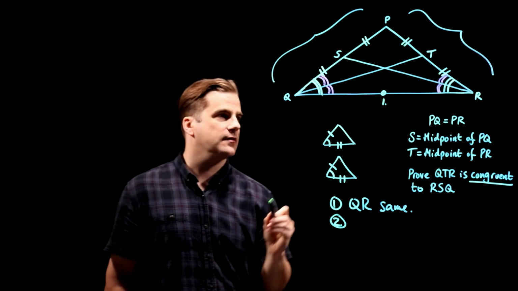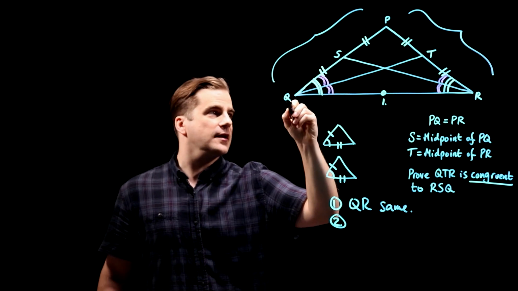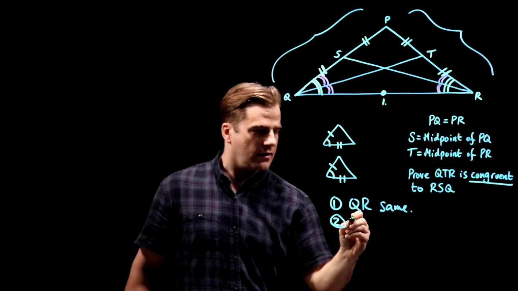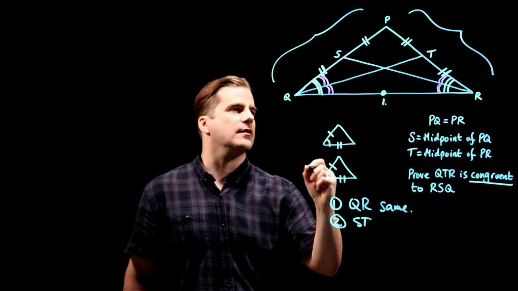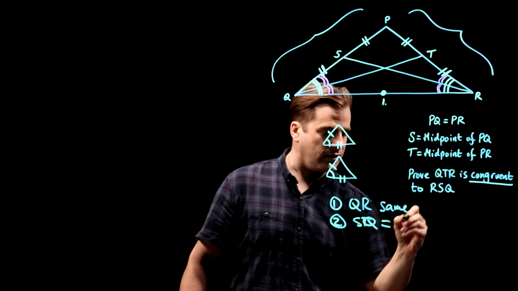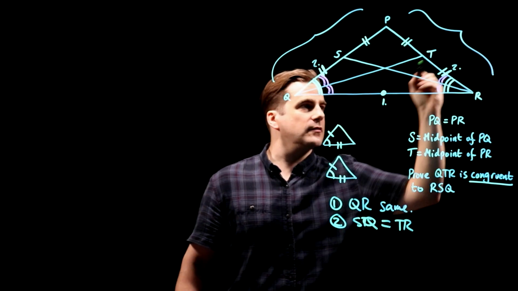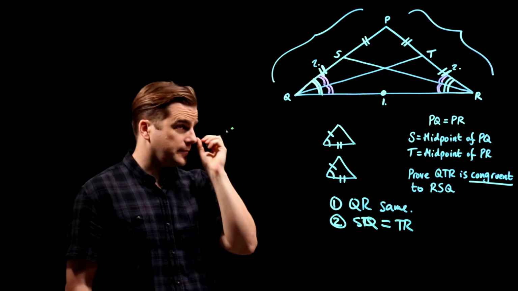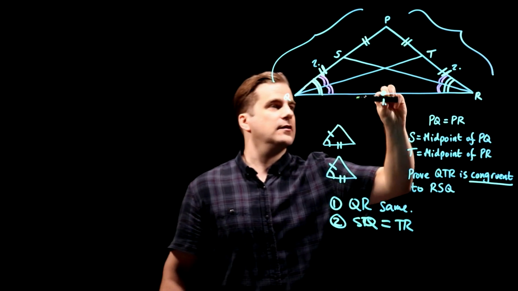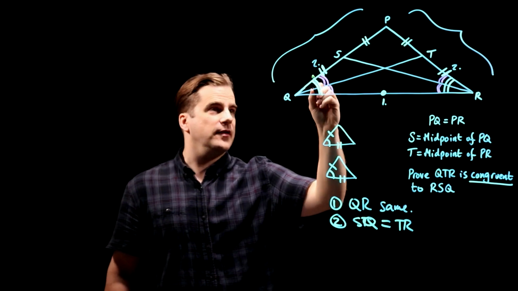So that's one side. The second side, SQ, is the same as TR. Okay, they're the same length. So SQ equals TR. Okay, so that's the second requirement of three. So we've got the two sides, that side and that side, of the two triangles, and now the angle between them.